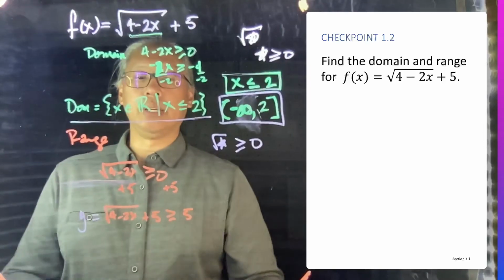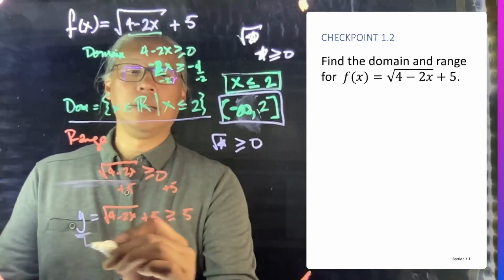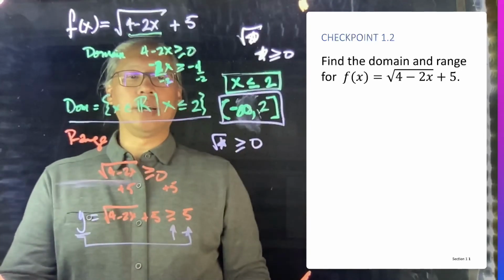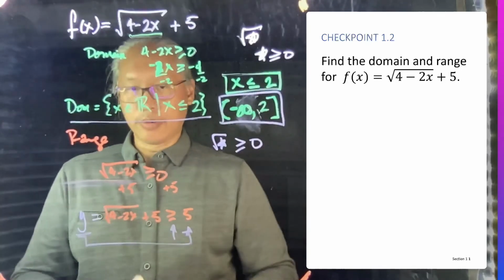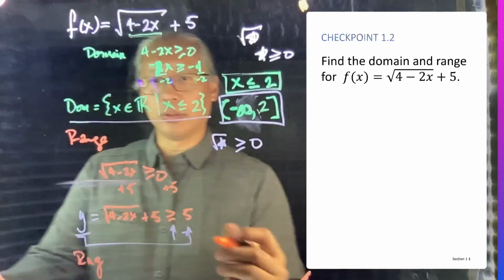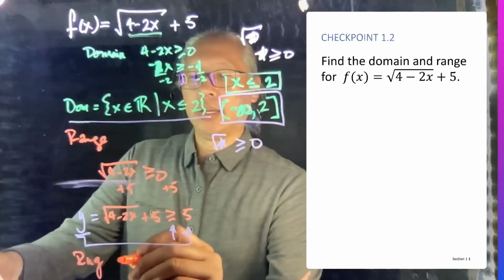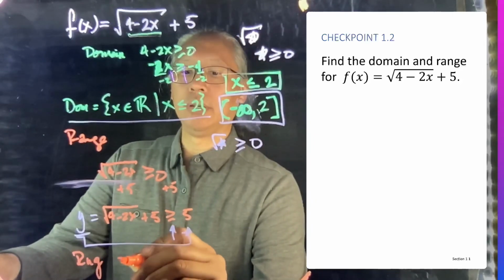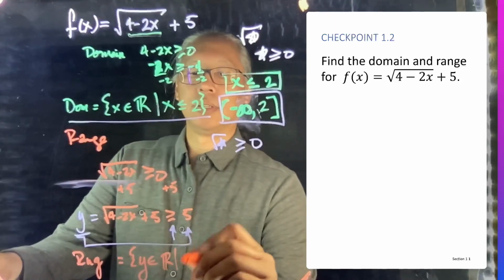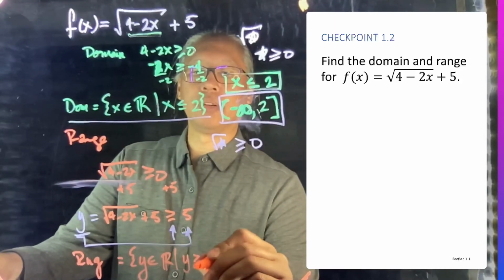We get the relationship that f of x has to be bigger than or equal to 5. So we can say that our range, sometimes called RNG, is equal to all the y values, real numbers, such that y is bigger than or equal to 5.